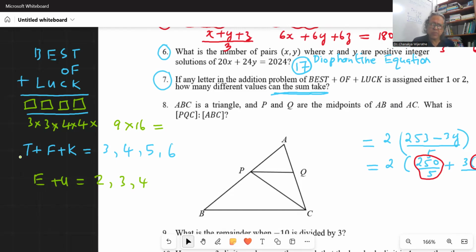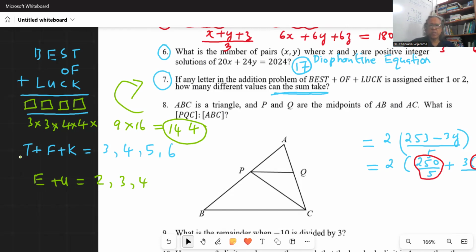But for this problem, if you multiply the number of choices for each place value, then you get the number of different numbers, different sums. So 9 times 16 is 144. That is the answer to this question.